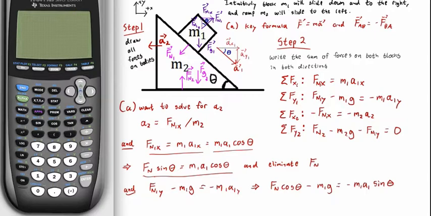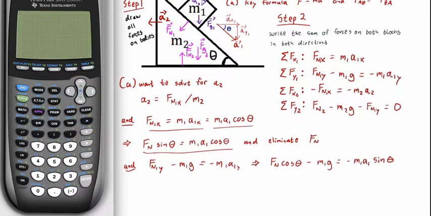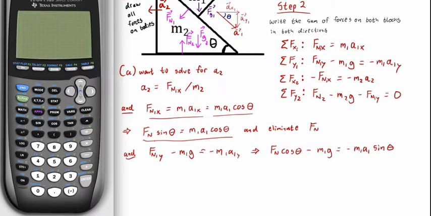Okay, and now let's solve for Fn, so we can substitute it back into the equation above, which I will underline in green. All right, so we can substitute back into our green equation, this one right here. So we're going to solve for Fn.